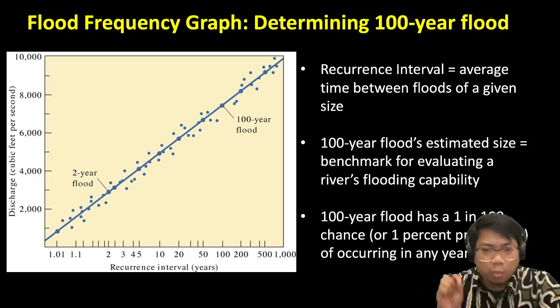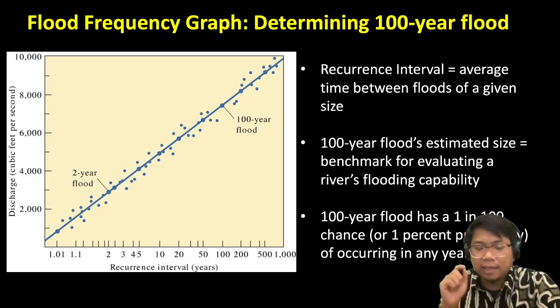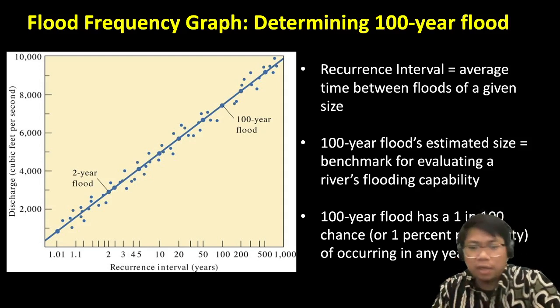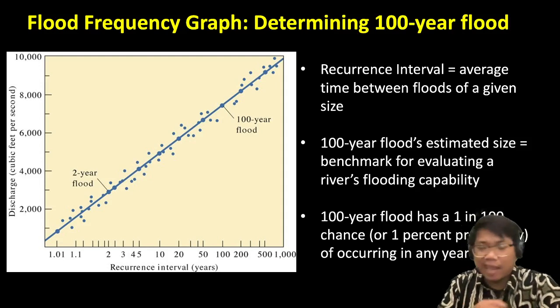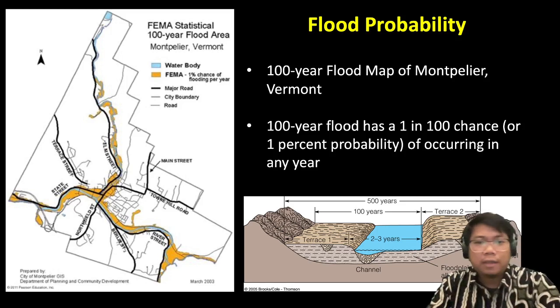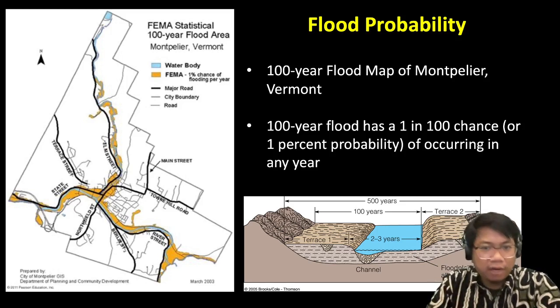What is meant by a 100-year flood is a flooding event that has a 1 in 100 chance, or 1% probability, of occurring in any year. For example, here is a 100-year flood map of Montpelier in Vermont.